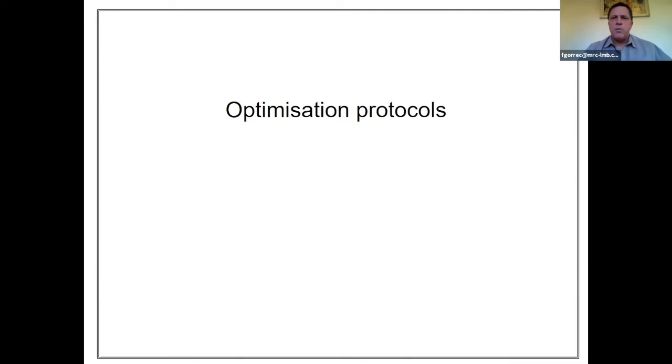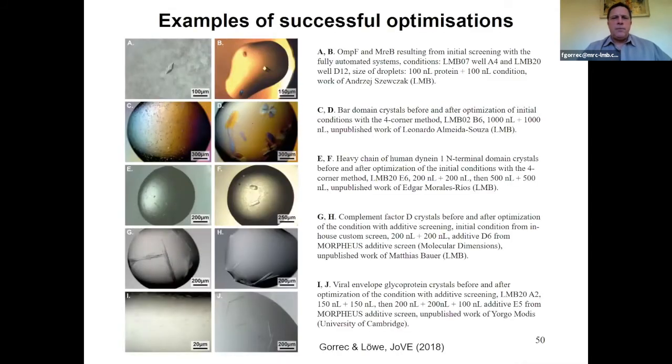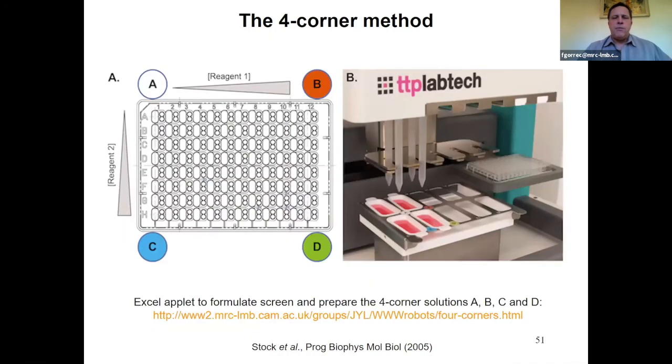So quickly, the optimization protocol. It's worth putting some effort into optimizing your conditions to have bigger crystals. This can be done in different ways. For sure, you must get in control of the conditions you're working with, using your own stock solutions.